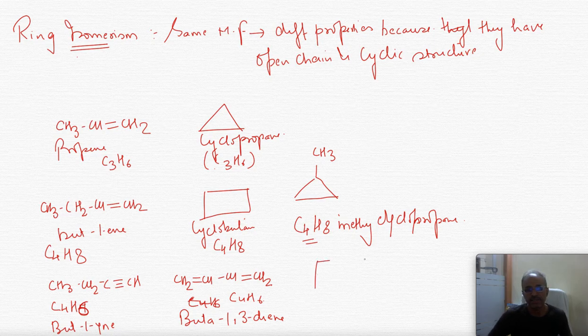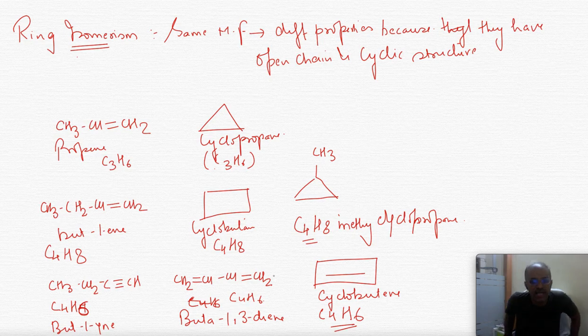And this is cyclobutene. This is also C4H6. So it is but-1-yne, buta-1,3-diene, and cyclobutene.